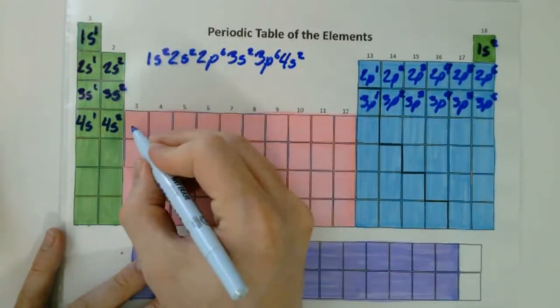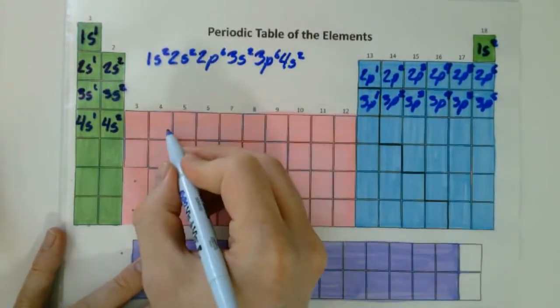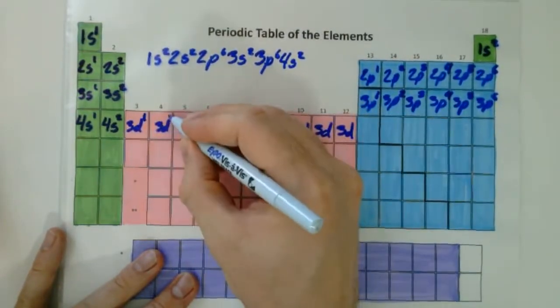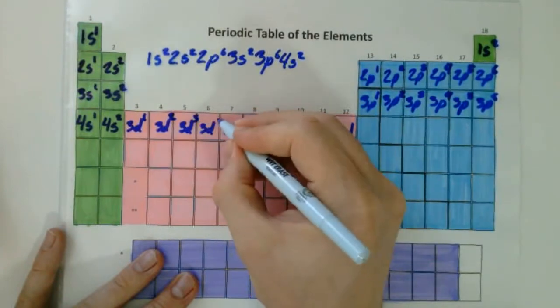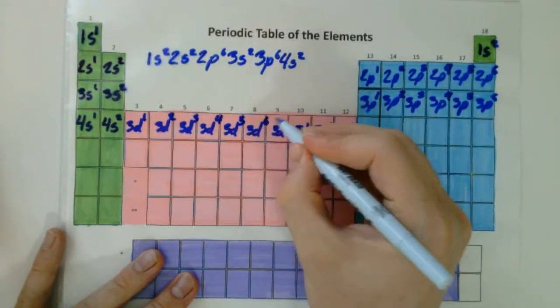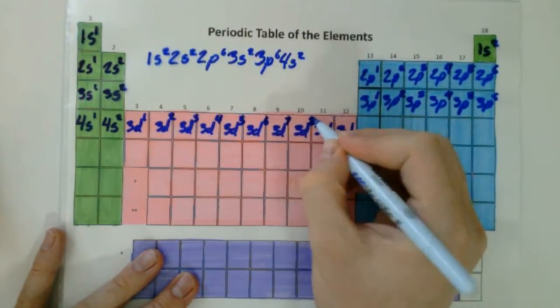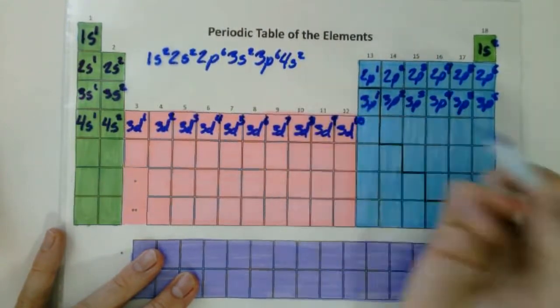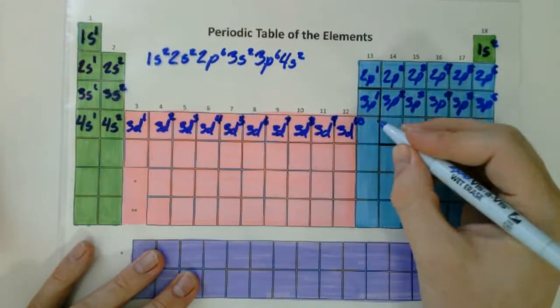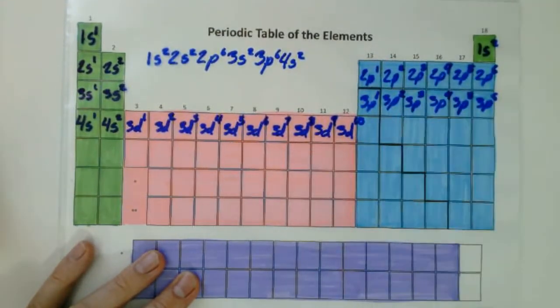And then we've got our 3d in this section here. So we can go ahead and put those electrons in, and you'll see that the d orbitals can hold a maximum of 10 electrons. And then we get to the 4p, and that's where we'll put the next set of electrons.